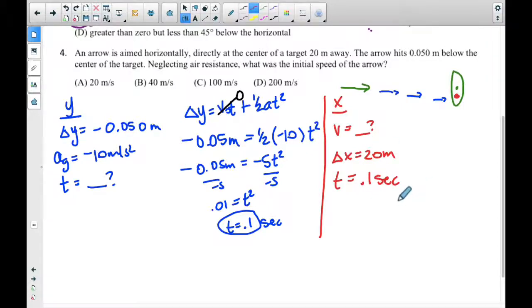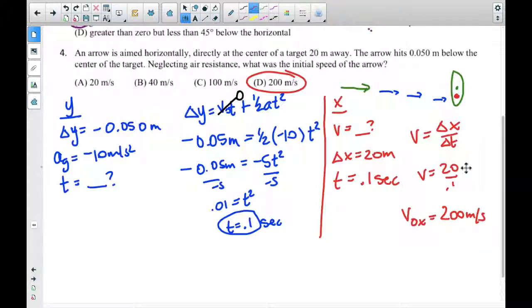So I have this information. Because in the horizontal direction the velocity is consistent, I can use the definition of velocity. 20 divided by 0.1, so my initial velocity in the x direction is 200 meters per second, which is d.